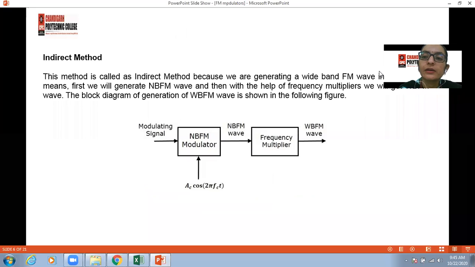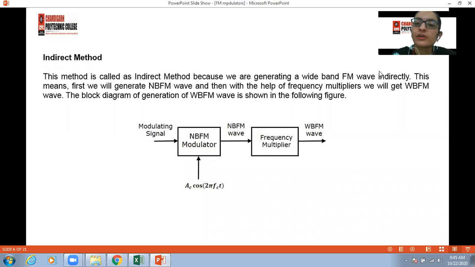On the other hand, the indirect method is called indirect because we do not generate wideband FM directly. First we generate a narrowband FM. After that, with the help of frequency multipliers, we get a wideband FM wave.